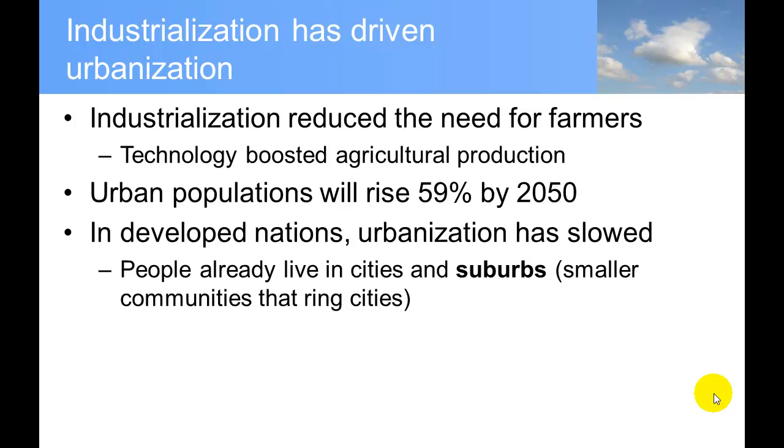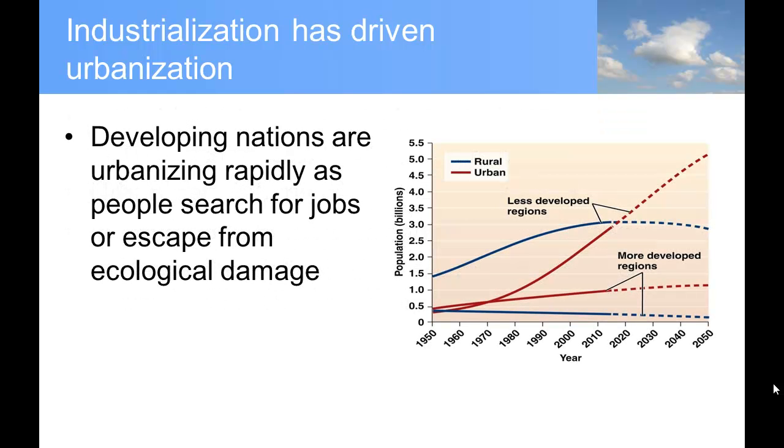So it's increasingly becoming popular in developed countries for people to move out of the downtown and into the suburbs. Developing nations are urbanizing rapidly as people move to the cities looking for jobs or to escape from ecological damage.